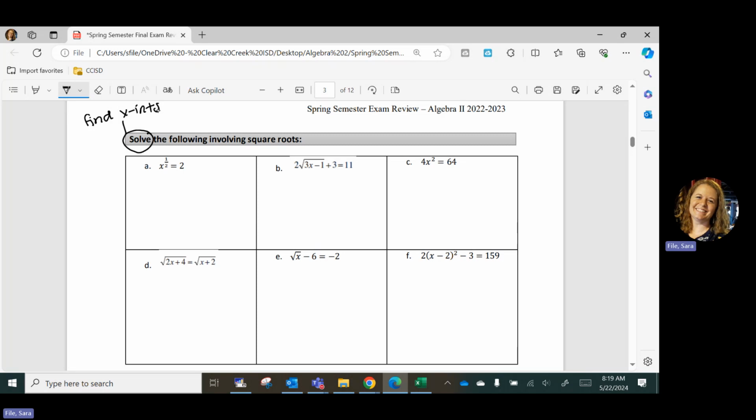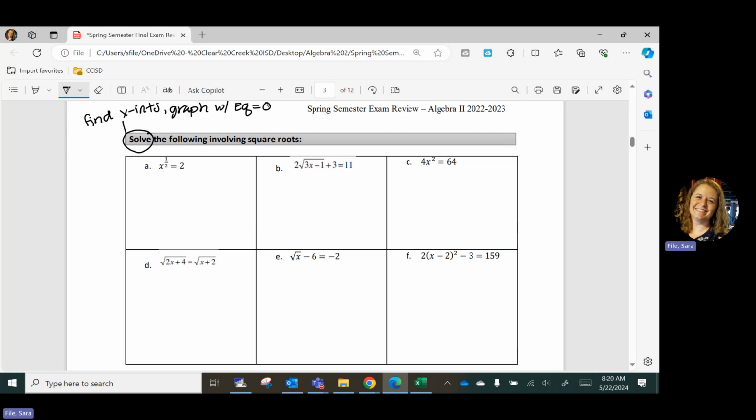I'm going to do a couple by hand to refresh your memory, but you can solve by looking at the graph and seeing where it crosses the x-axis. Now, to find your x-intercepts graphically, you do need your equation set equal to 0. So if doing it graphically and looking for the x-intercepts, you need the equation set equal to 0.